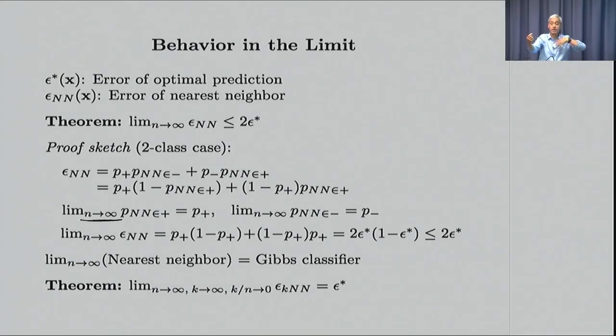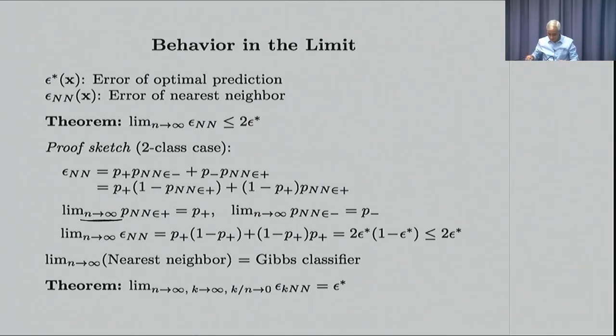Because when I get more data, in the worst case, that guy is still the nearest neighbor, but generally, at some point, some new point will show up that is closer. So as I get more and more data, the query point and the nearest neighbor converge to the same point. This is the crucial observation. So finally, if I have infinite data, guess what? They are on top of each other.